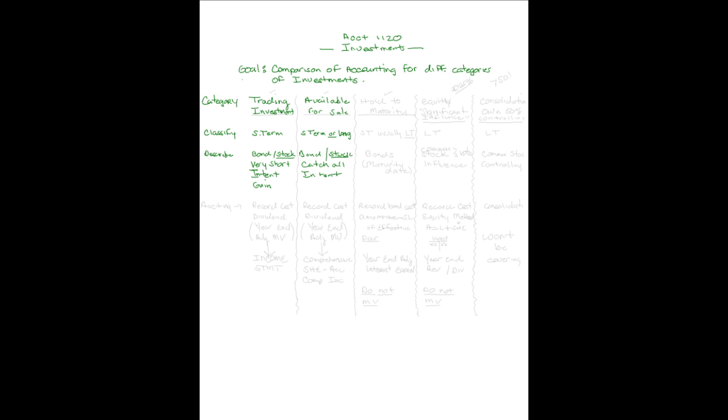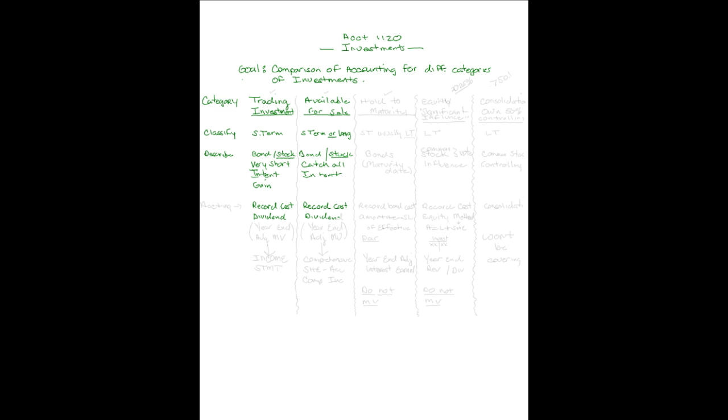Now, the nice thing about trading investments and available for sale investments is the accounting is the same. We record them at cost in both cases. Since we're going to do stock, we recognize dividend revenue when it's declared.